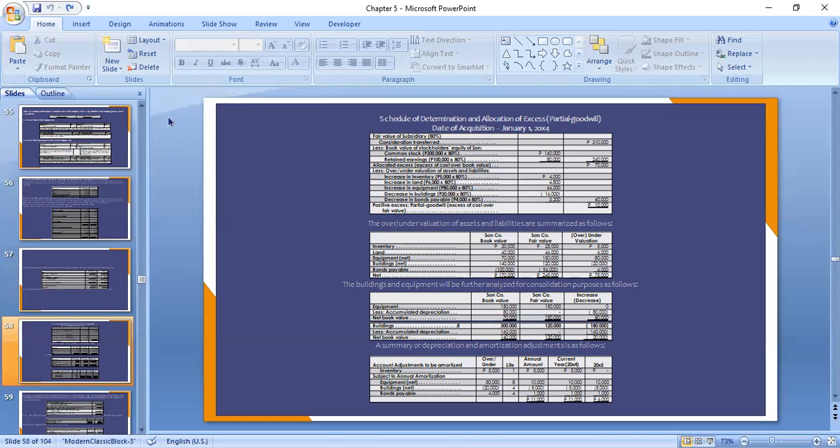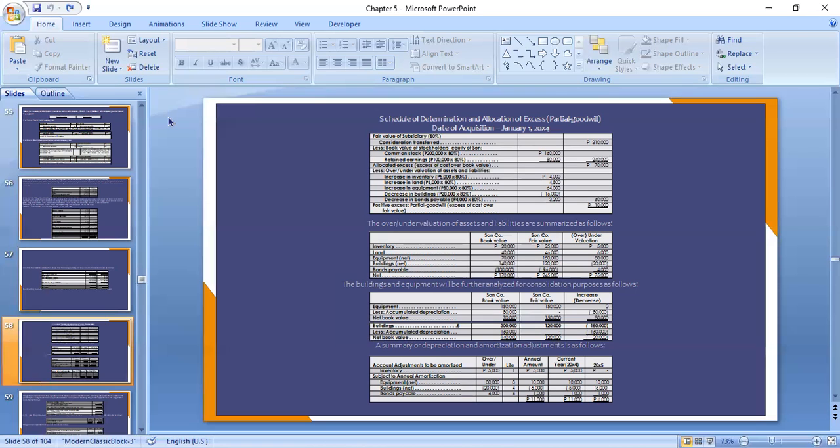Take note that the effect of decrease in bonds payable is an addition, considering that this is a liability. So we have now the positive excess, partial goodwill, excess of cost over fair value.